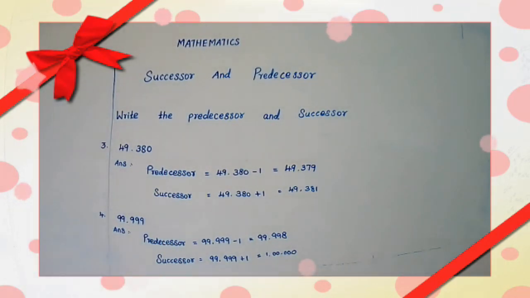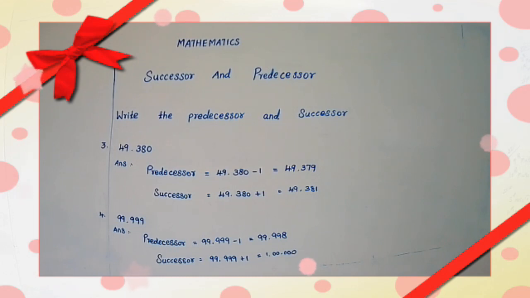Write the predecessor and successor. The third one. Okay. All of you take a new page and write. Okay, ma. Take the next page and write third and fourth one. The third question, 49,380. Answer.